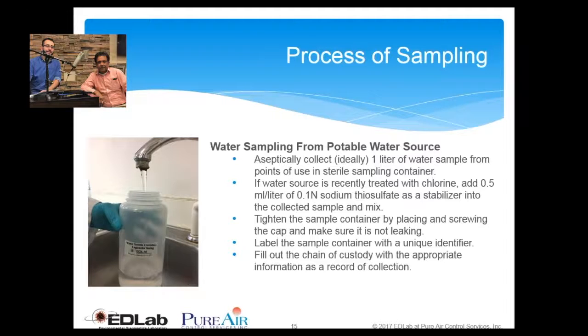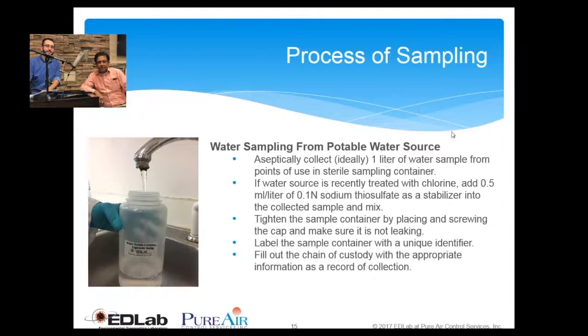If you have had a recent episode of treatment or you have recently treated your water, do not, again I underscore, do not forget to add the stabilizer, which is sodium thiosulfate, at 0.1 N strength. It can be requested from the laboratory, or it can be found in the Legionella sampling kit.